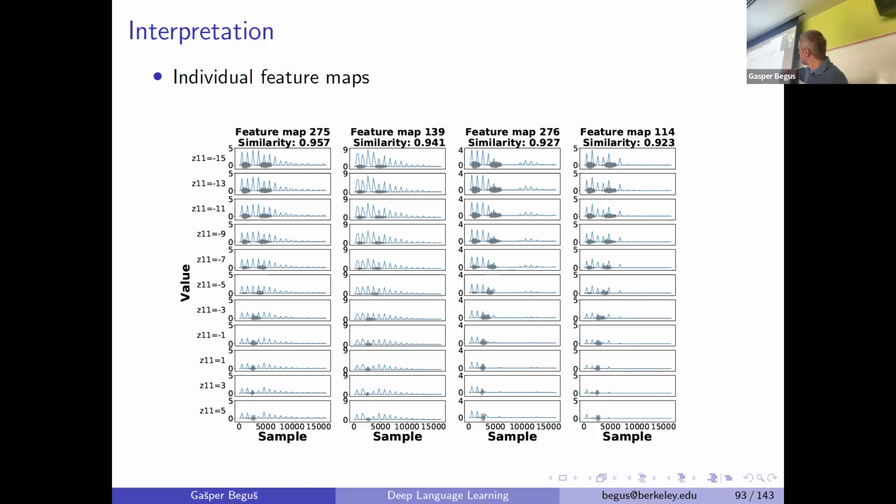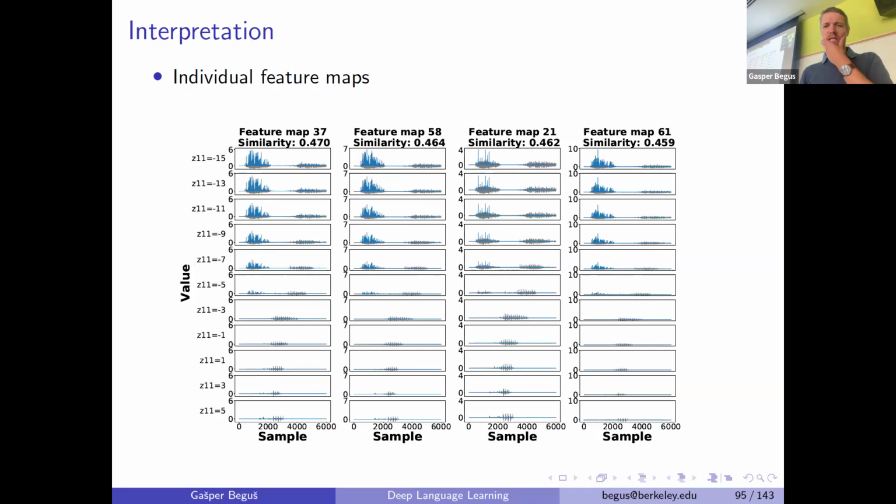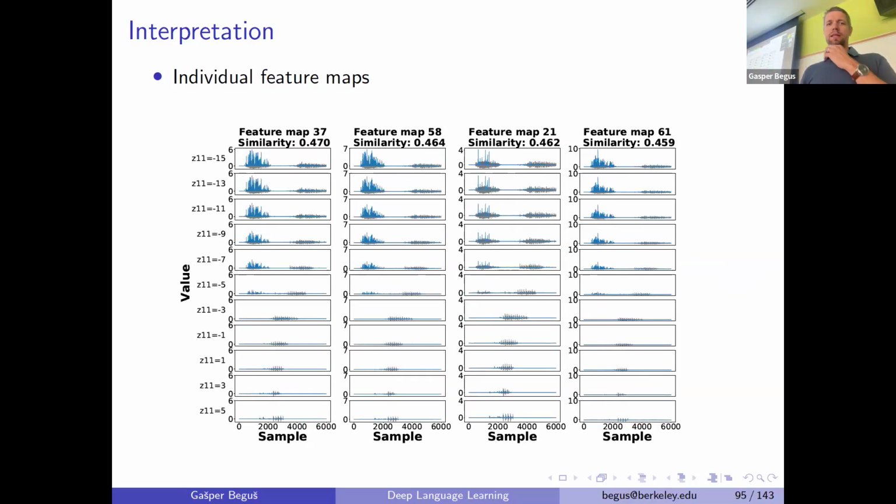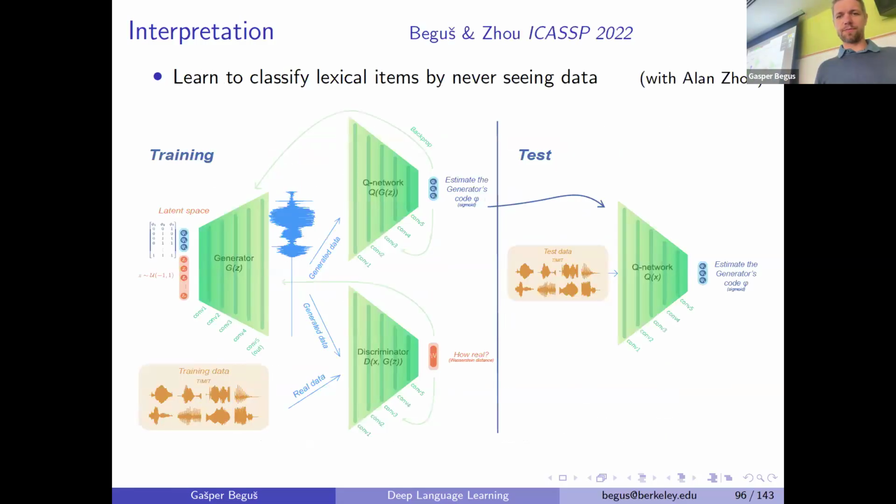You can do some interpretability on individual features if you're interested in that. We have a paper, this is our TST and TASLP. But at least at the lower layers, the averaged feature maps give you a very interpretable output that you can use for all sorts of purposes.